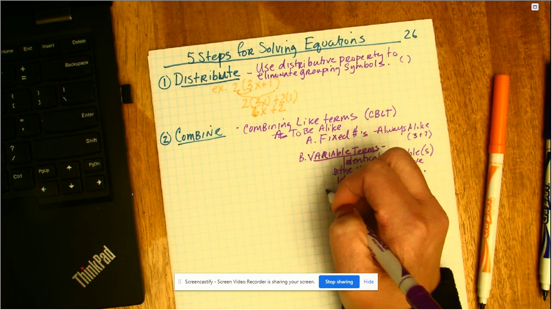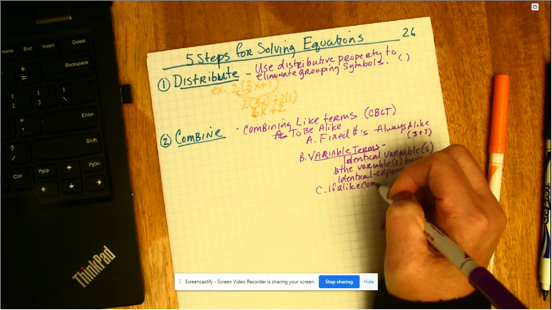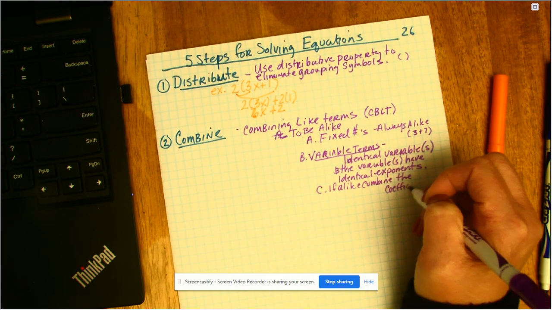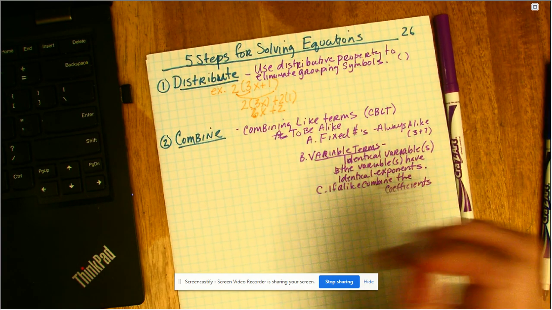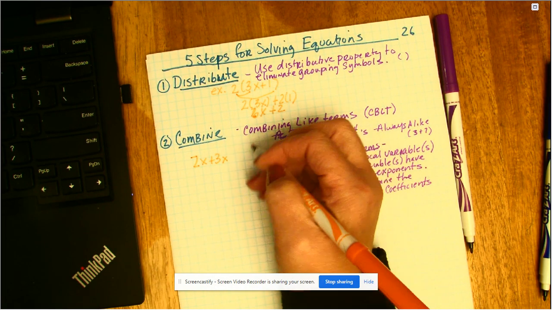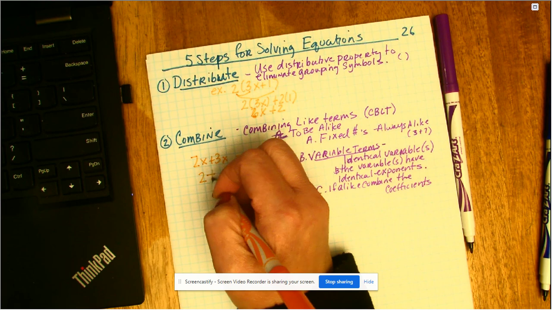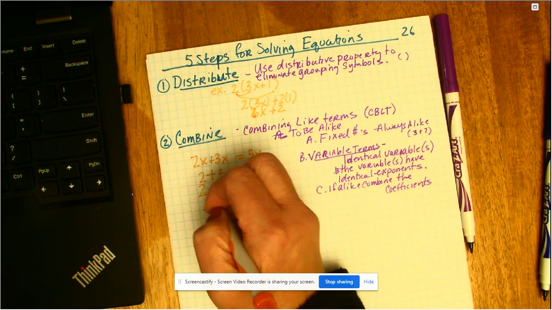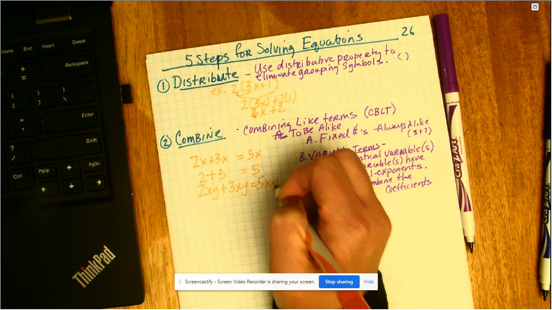Okay, so if alike, combine the coefficients. So some examples of that: if we have 2x plus 3x, that can be combined to make 5x. If we have 2 plus 3, that can be combined to create 5. If we have 2xy plus 3xy, that means we have 5xy's.